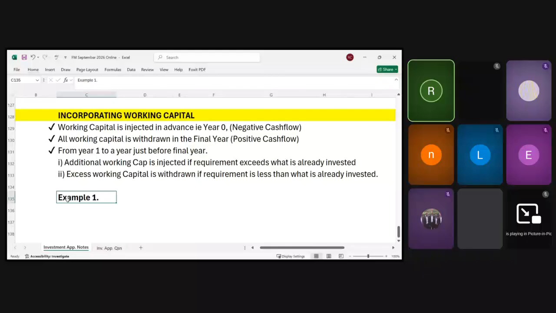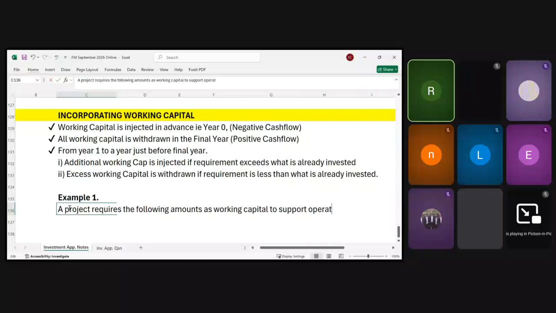All right, a project requires the following amounts as working capital to support operations from year 1 to year 4.